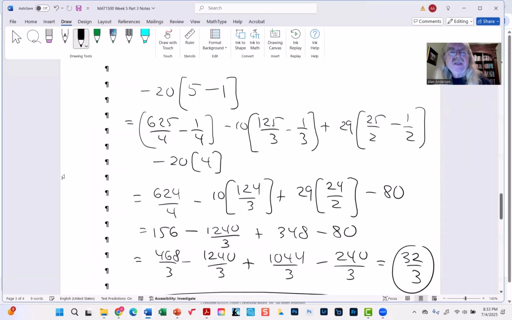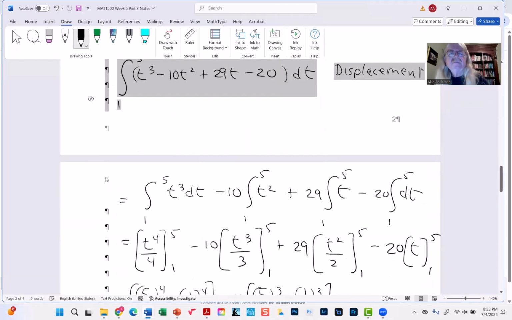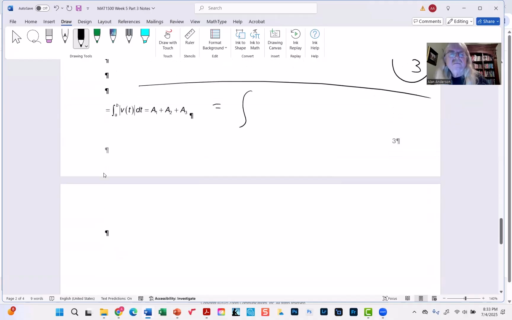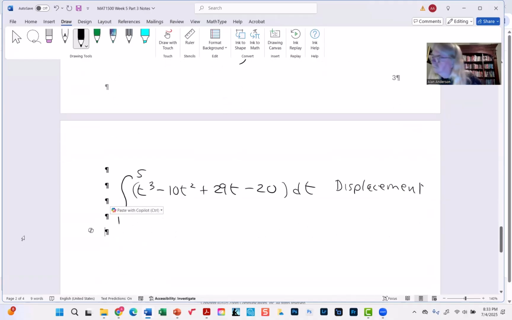All right, and that would be, yeah, right here, accepted absolute values. And instead of displacement, this is distance traveled.